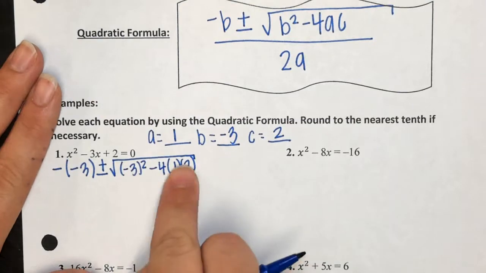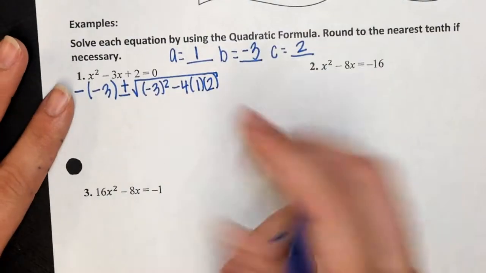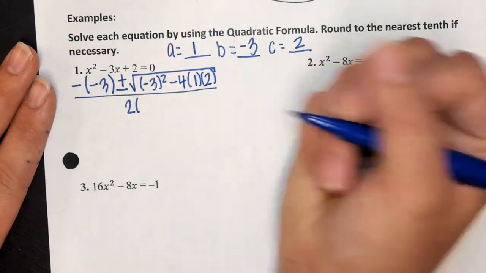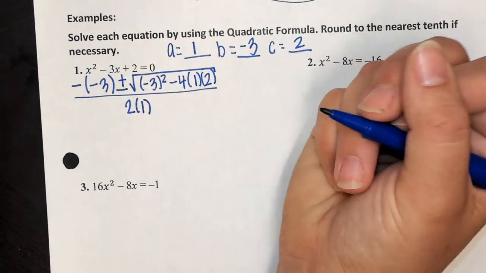All of these are being multiplied, 4 times A and C, all over 2 times A, which is 1.